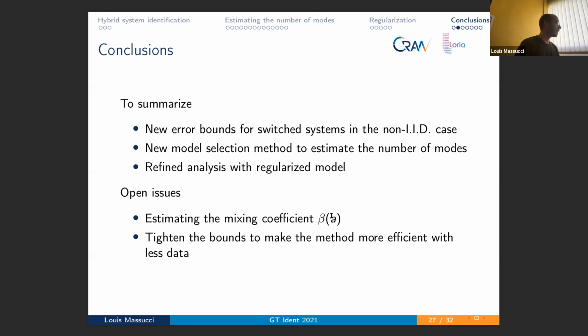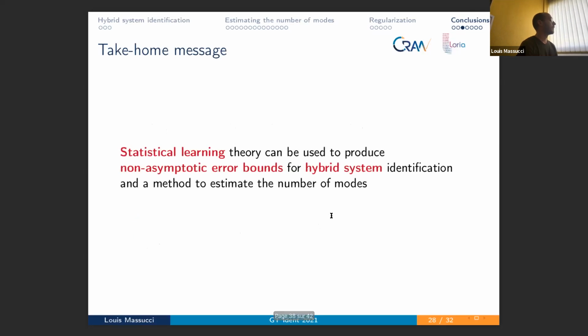So this parameter is not necessary for our model selection method, but in order to fully compute the bound, we need to know how to compute this parameter. And then we would like to tighten the bounds in order to make the method more efficient with less data. So I thank you for your attention, and I will be pleased to answer your questions.